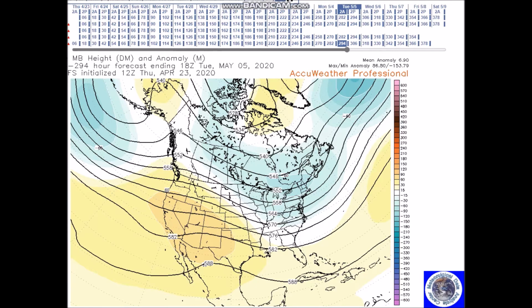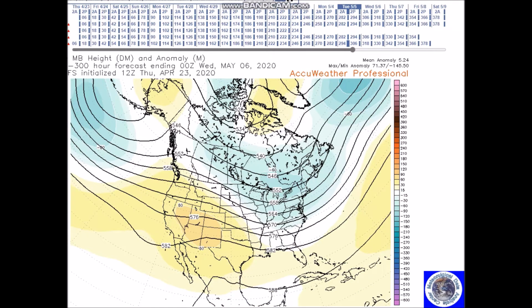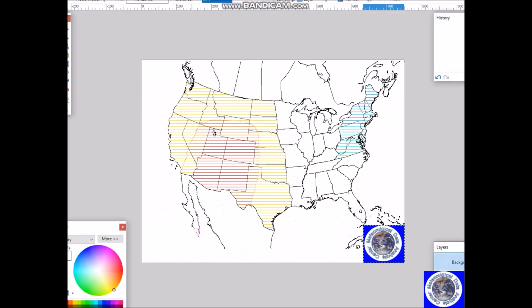So for this forecast period, I am forecasting above normal temperatures here, with anomalies of 4 to 8 degrees above normal, could be even higher across this area here. Some models were forecasting anomalies of near 12 degrees above normal.